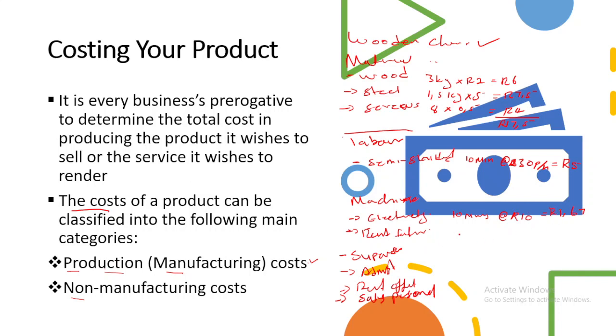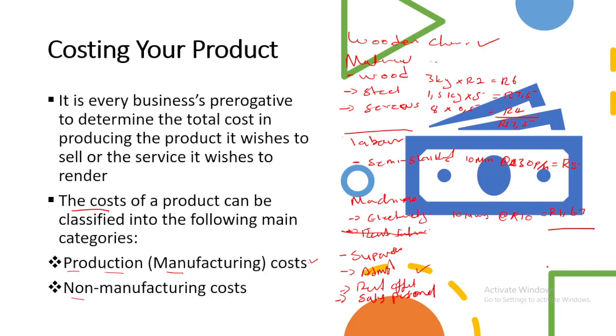And then rent for factory, we're not going to include it here yet, so I'm just going to stop here. Let's assume that it is included under the rent for the whole building, and the offices and the factory are all combined in there. So let's just say this is only what is involved in the manufacturing process.